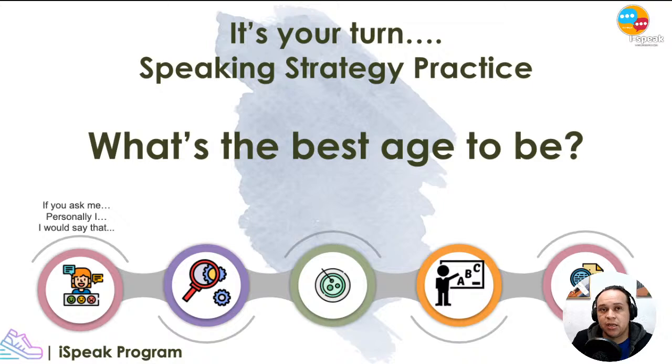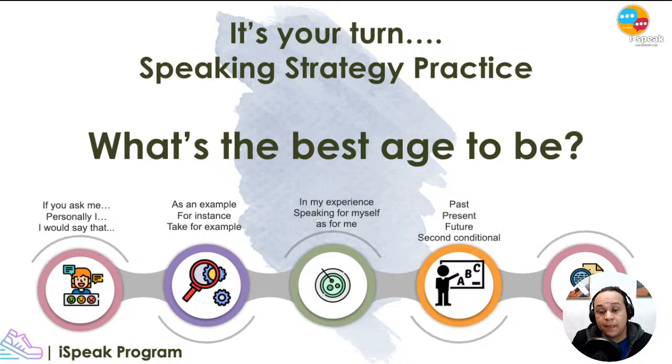If you ask me, personally, I would say that. Now, for examples, right? As an example, for instance, take for example. Then we have some experiences. In my experience, speaking for myself, as for me. Then we have some grammar range, past, present, future, second conditional, and last but not least, transition words.